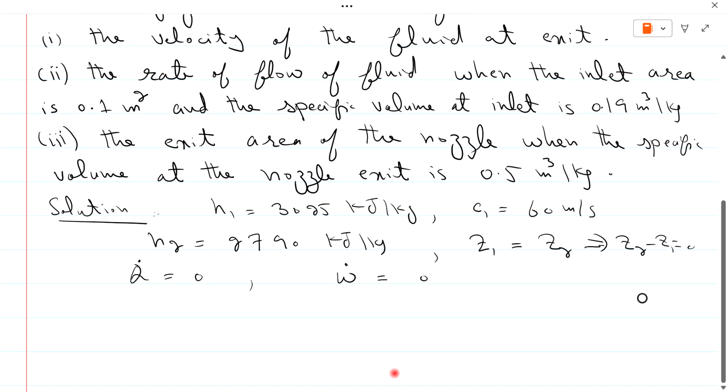Now in part number 1, the velocity of the fluid at exit is required. It means that C2 is required.